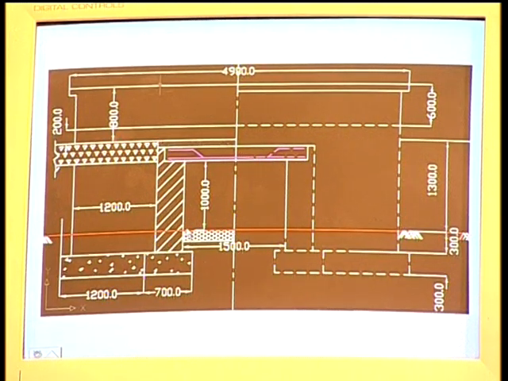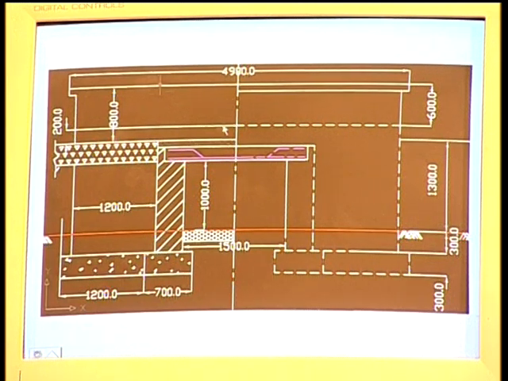Next, below the ground level, in between the abutments, the portion is provided with stone pitching to avoid the scouring due to the water flowing over the bed of the stream.